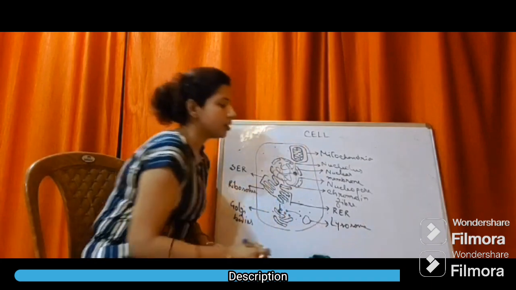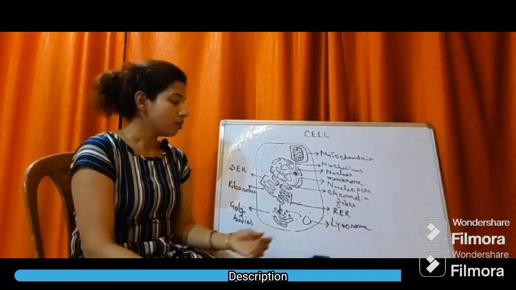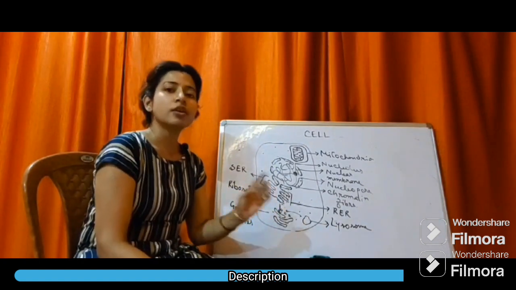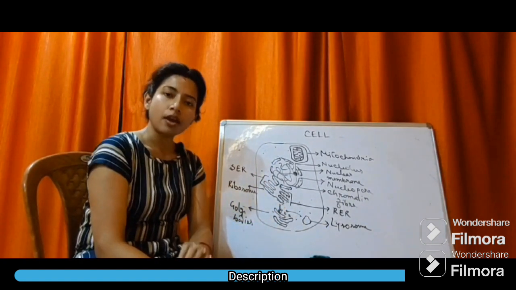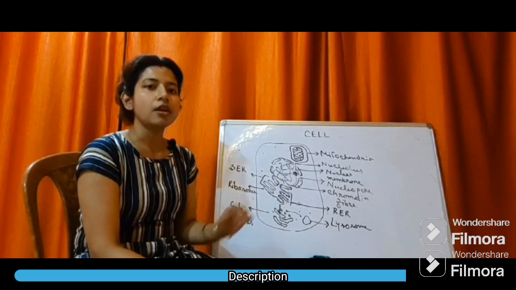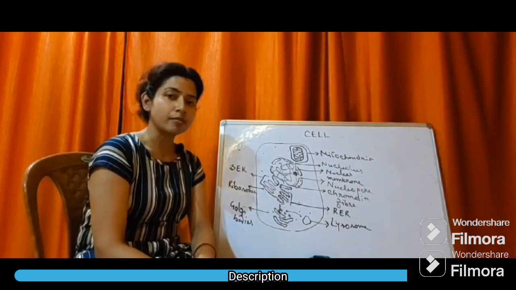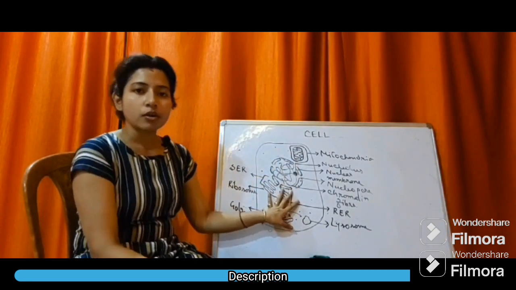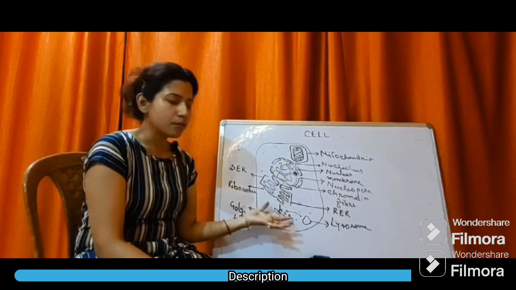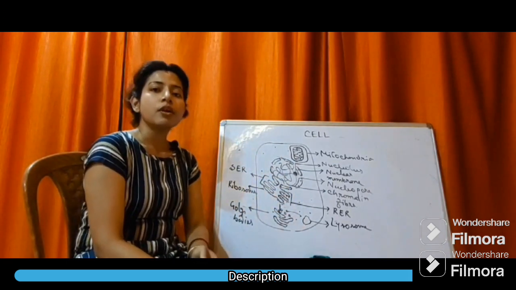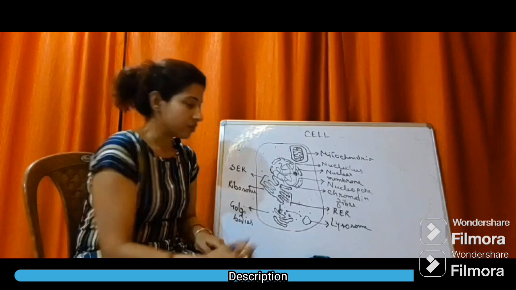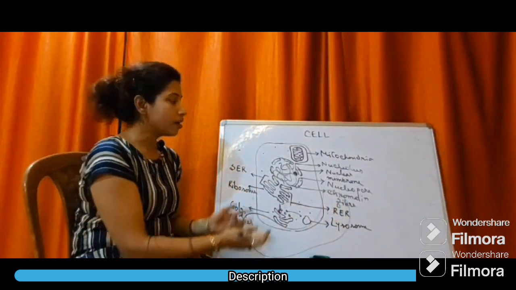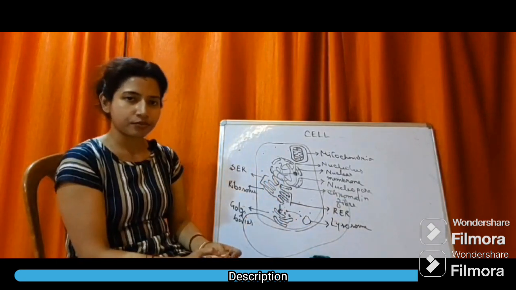Lysosome. This lysosome is the digestive machine of a cell because it can engulf any unwanted substance that enters inside the cell. And sometimes whenever a cell gets worn out or damaged, this lysosome enlarges enormously and engulfs the entire cell also, right?